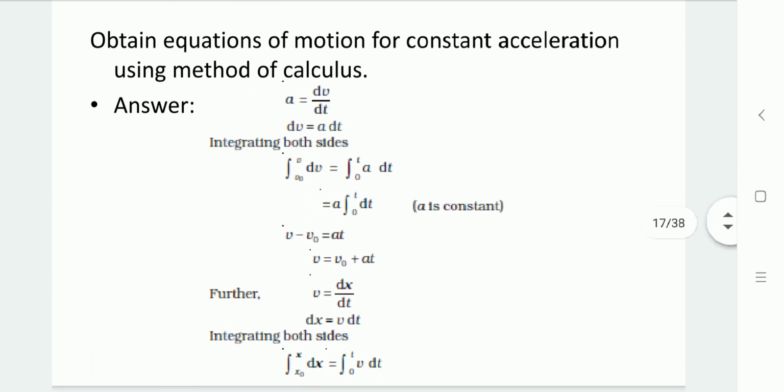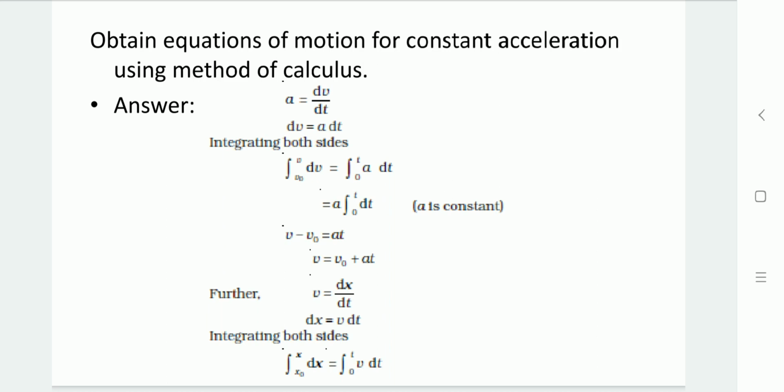Again let us integrate both sides with the corresponding limits. So the integral of dx within the limit x0 to x equals the integral of velocity v with respect to time within the limit 0 to t.